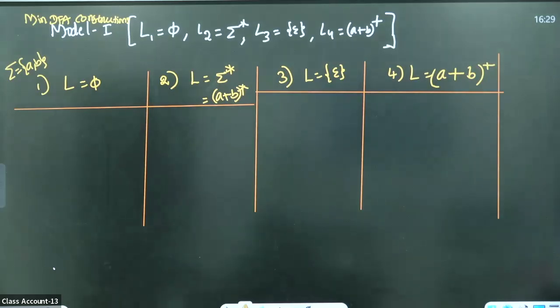Later we'll understand how to do it. We want a DFA and we want minimum DFA. Minimum DFA, what is the definition? A DFA which has less number of states compared to any other DFA.